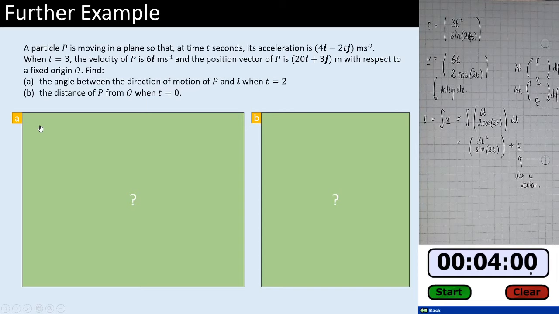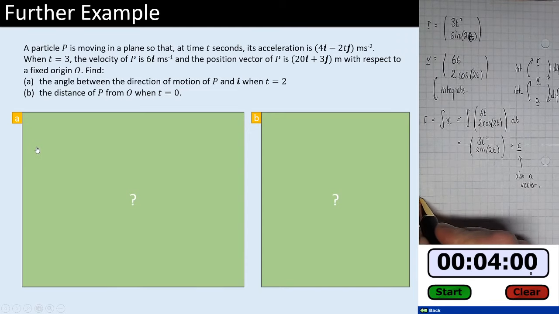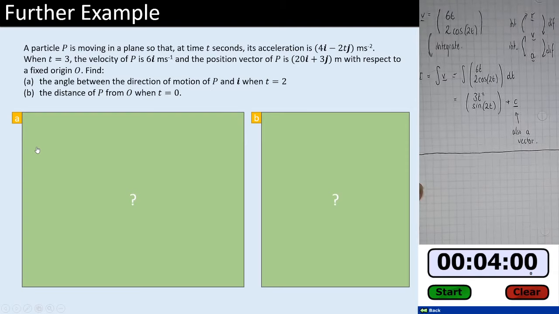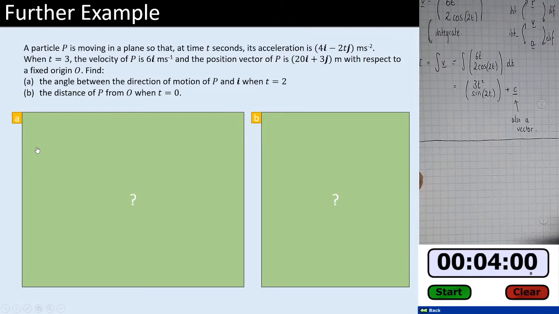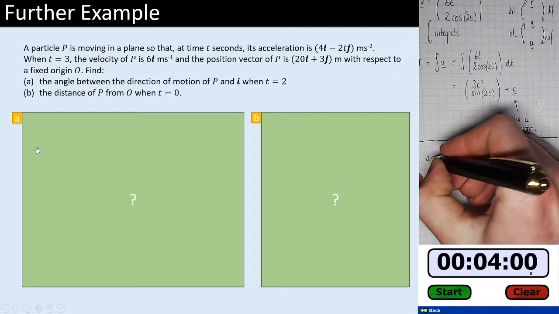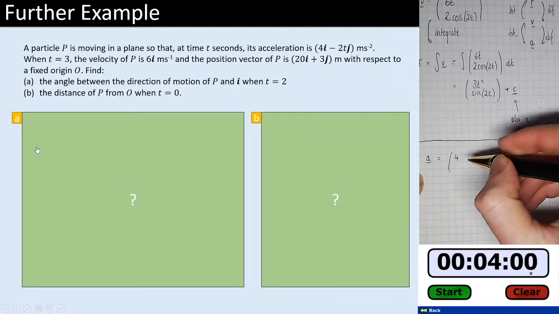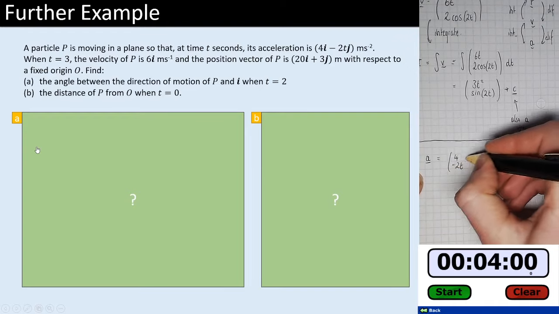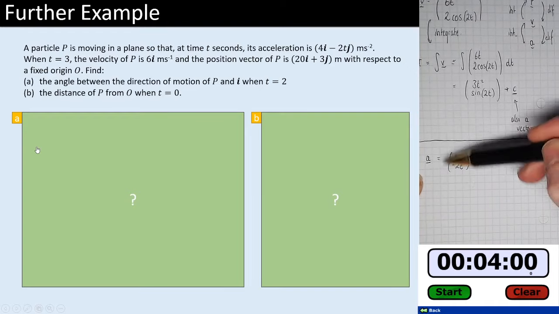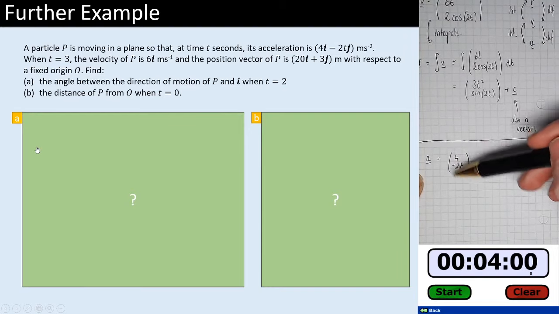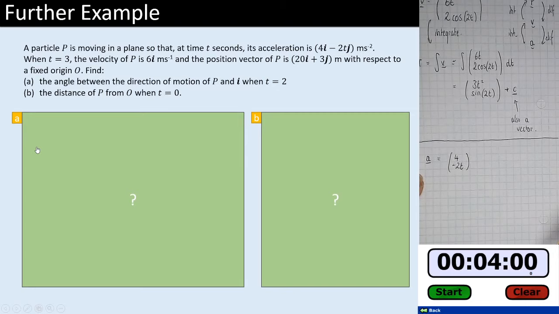So, before we get cracking with all of our integration, survey the problem, make sure that you know what information you've got. We've got acceleration 4i negative 2tj, and you can use the i and j notation. That is not a problem. It's just my personal preference to use the column notation.